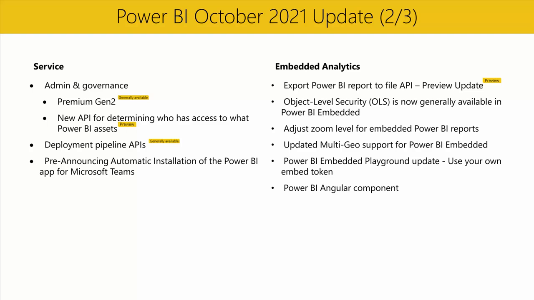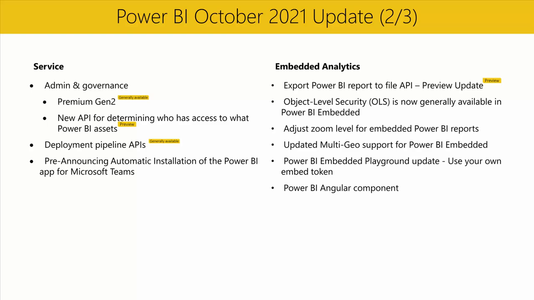Also, there is no maximum concurrent report pages limitation. And an export API operation load is evaluated as a slow running or background operation as described in our Premium Gen 2 capacity load evaluation documentation.